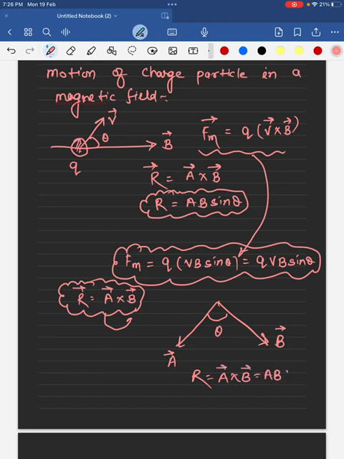If we curl our fingers from A to B, the resultant vector will be shown by the thumb.